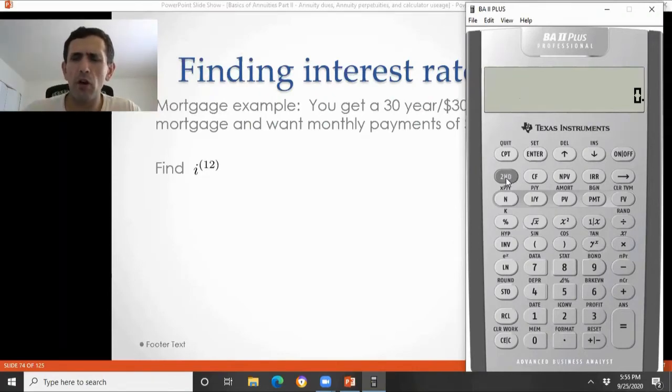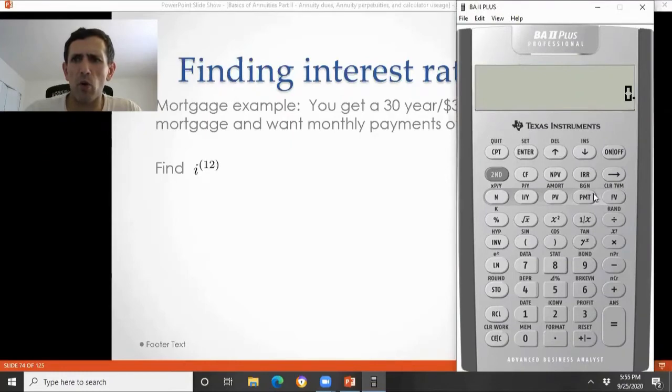Okay, so what do we do here? We have to be a little careful. First of all, we're going to use these keys here. These are called the time value of money keys. It's a 30-year, $300,000 mortgage. Payments are at the end of every month of $1,500. It doesn't matter what order we enter information.